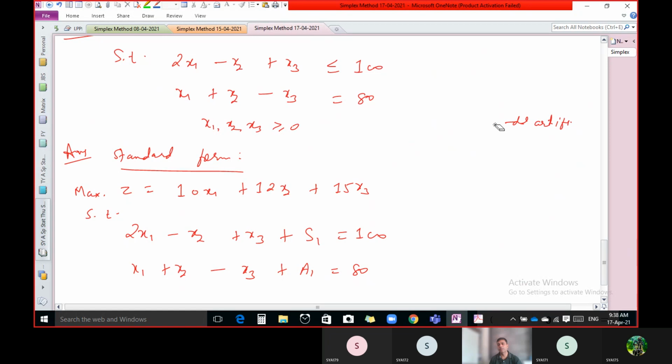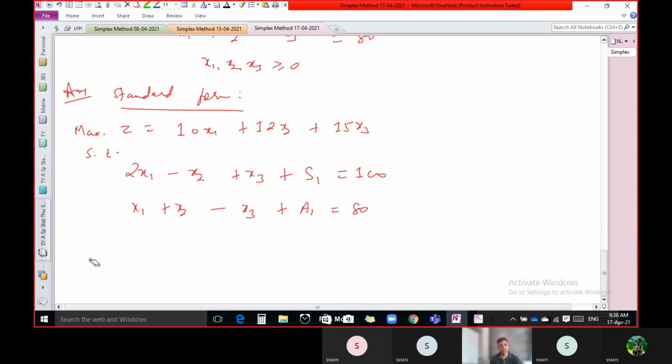Okay, now after that, because here an equal to sign is there, we have to add an artificial variable, and you have to rewrite your objective function.